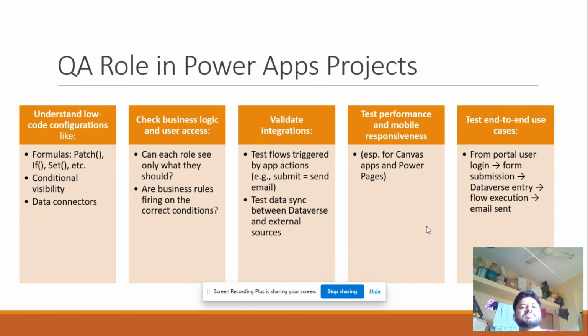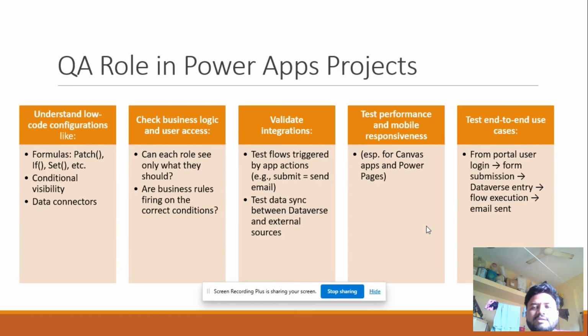As I already explained about business roles, there are different types of roles. First is the admin role, who has access to everything related to Power Apps and Power Pages, on the dashboard side and the access providing side. Then the normal user, who actually uses that particular Power Page.